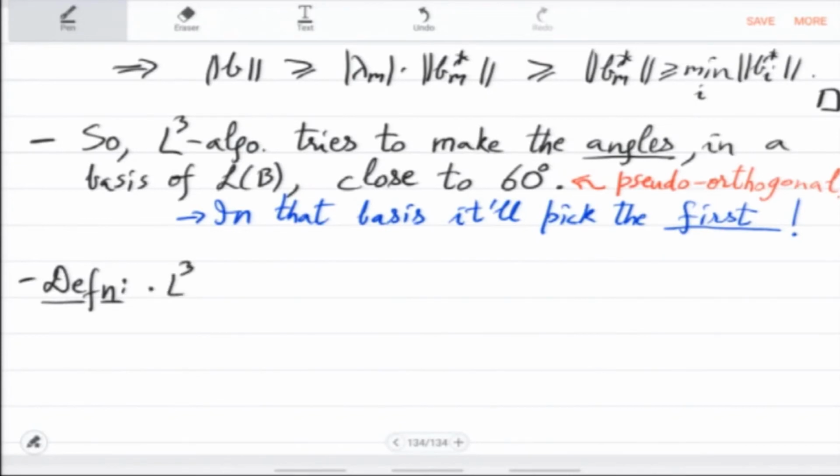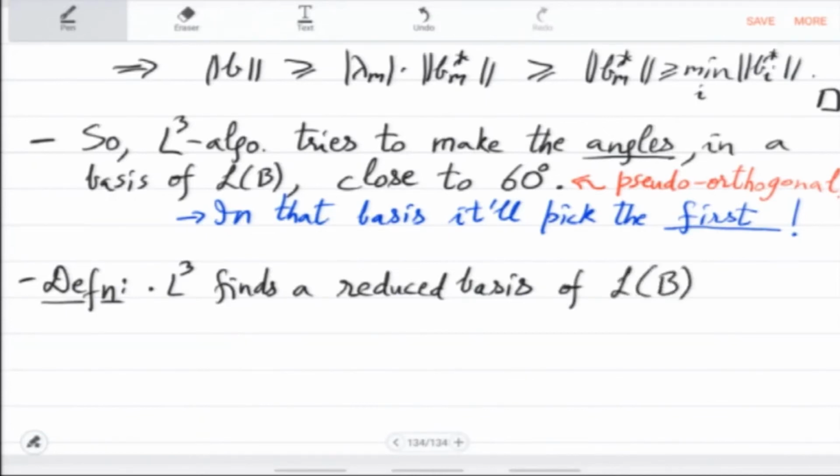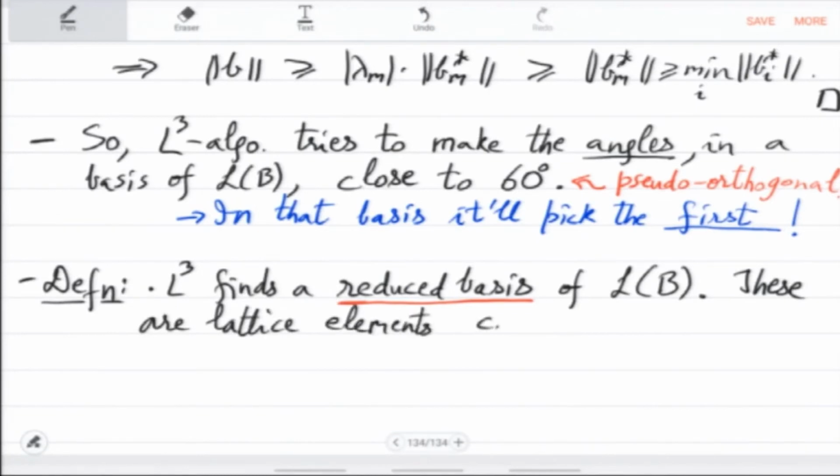So LLL finds a reduced basis of the lattice B1 to Bm. So these are lattice elements, say C1 to Cm.